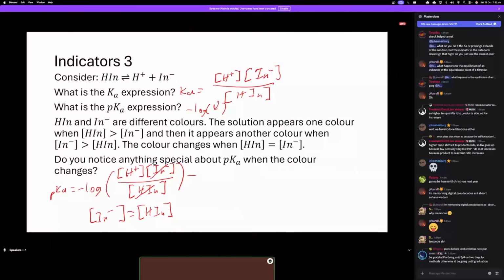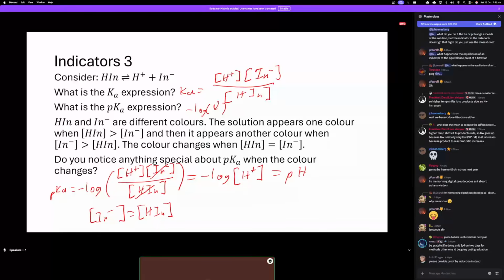All I'm left with is the negative log of the concentration of H plus, which, hopefully you've seen before, is exactly pH.